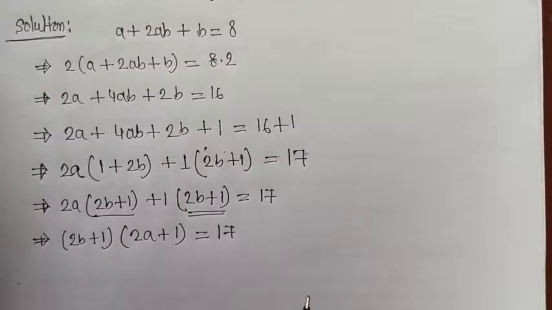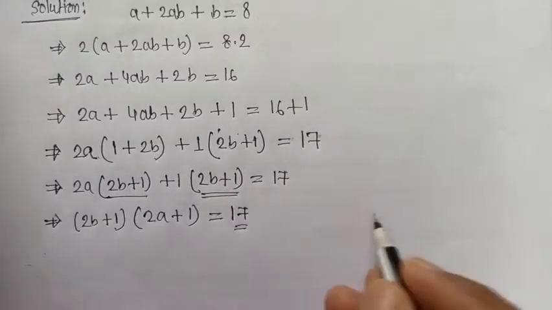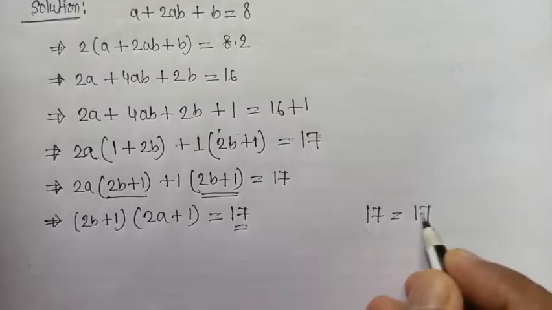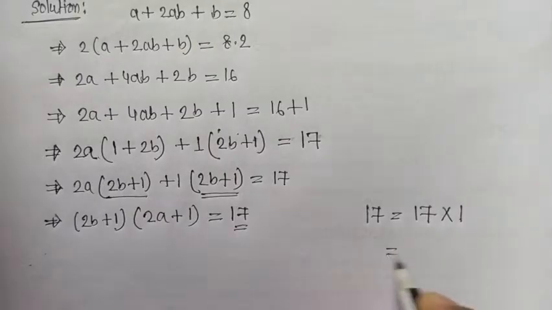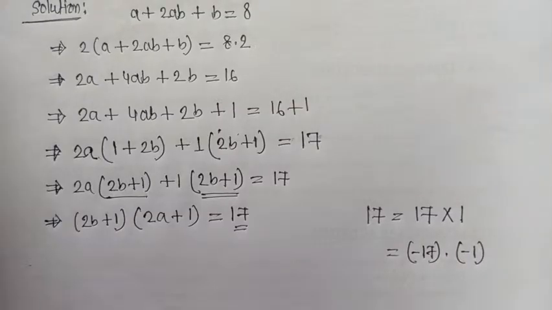Now here we are getting the product of two expressions equal to 17. 17 can be expressed as 17 into 1 or minus 17 into minus 1.